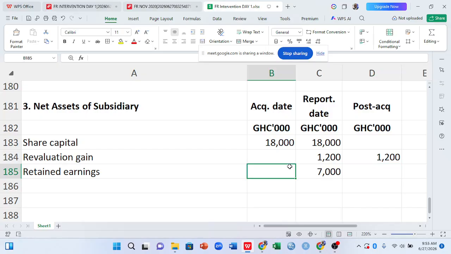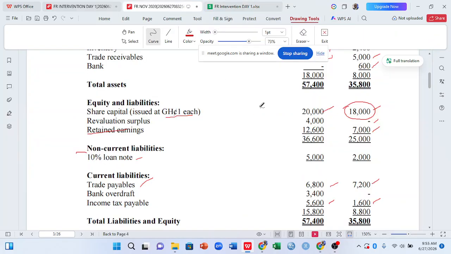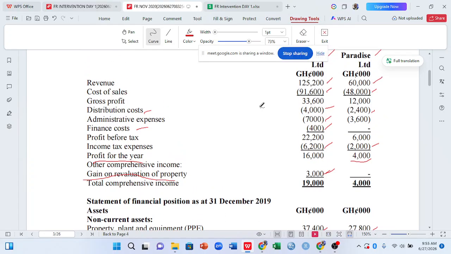How do we get acquisition date retained earnings? To do that, we need to know during the year the profit they made. So during the year, they made a profit of 4,000 Ghana cedi over here. They made a profit of 4,000 Ghana cedi.